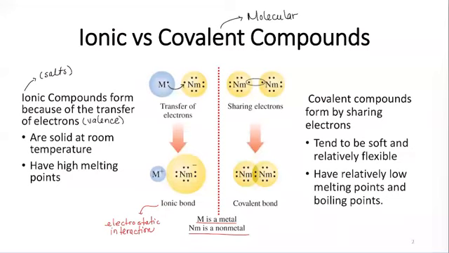Covalent compounds actually form by these non-metals sharing electrons, okay? When they share electrons, you can see now that one of the electrons on each of these non-metals, which is what we have in the example, are now going to be shared among each other.